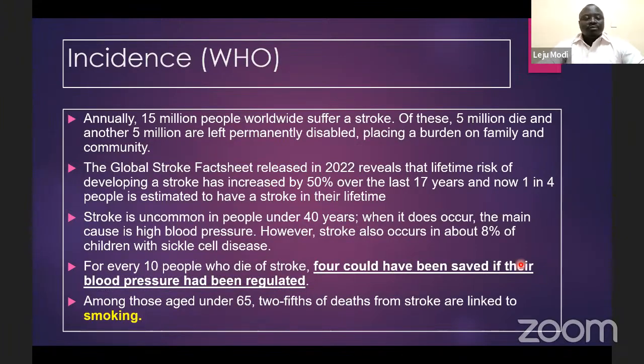In terms of how prevalent this condition of stroke is, annually about 15 million people worldwide are said to suffer a stroke, okay? And of these, about 5 million die and another 5 million are left with permanent disability, okay? And the problem with the disability here is that the burden is on the family and the community to take care of these people.